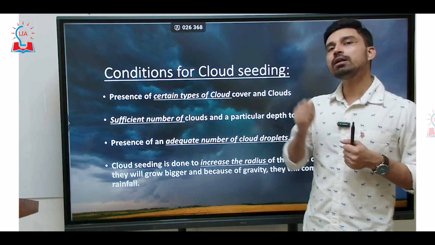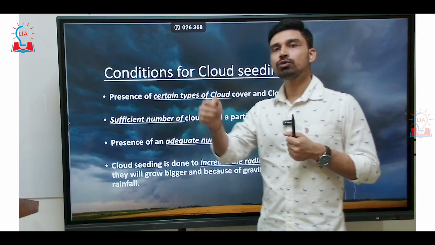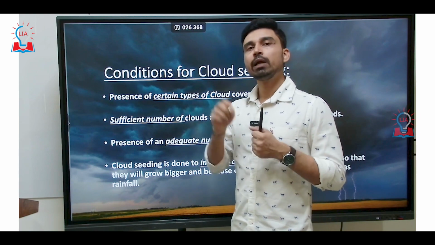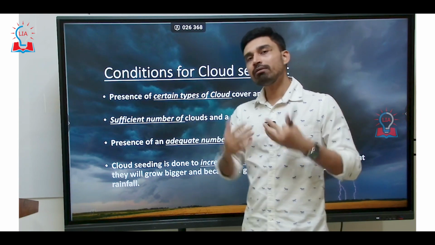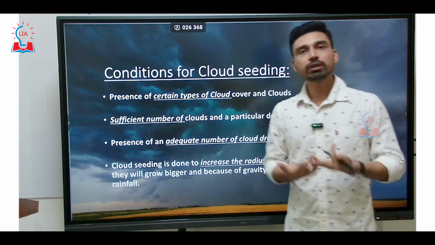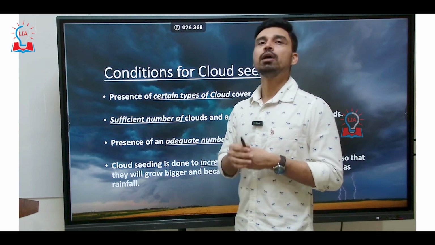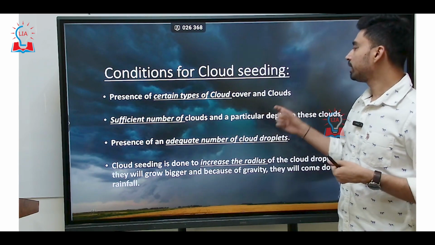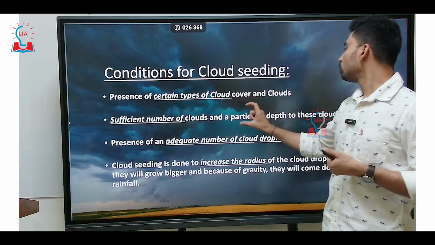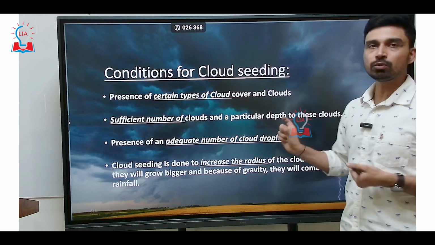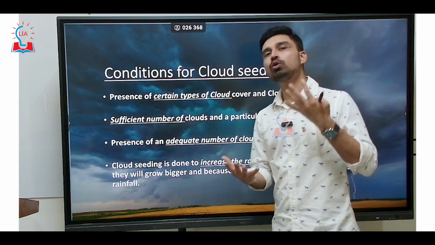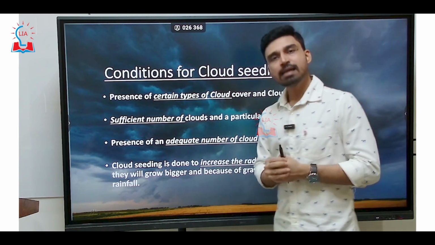We are not putting water vapor into the atmosphere in the process of cloud seeding, we are just putting the nuclei. So if the water vapor is not present, there will be nothing to condense around the nuclei, and cloud seeding obviously cannot work. That is why sufficient clouds and a particular depth ensure there is sufficient water vapor to condense in the atmosphere.